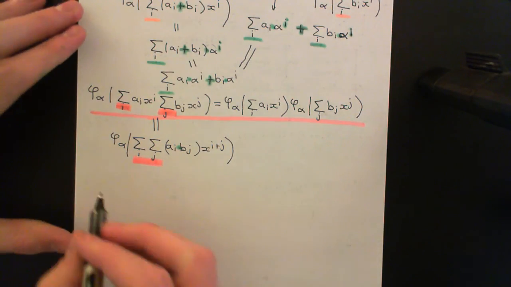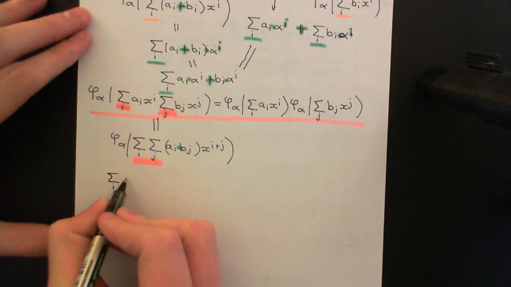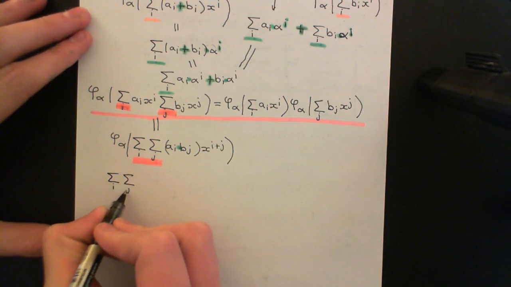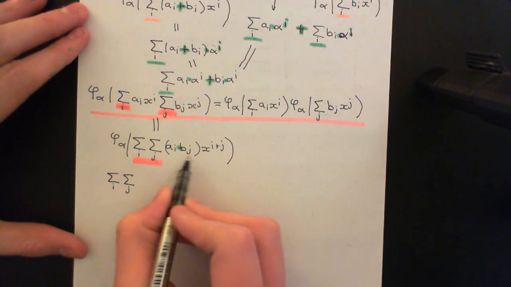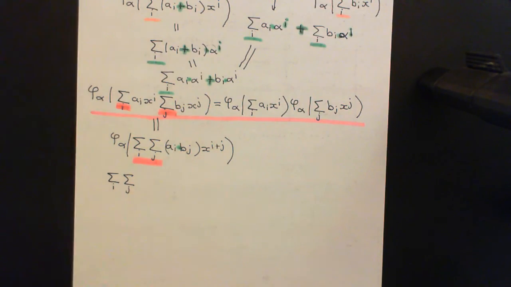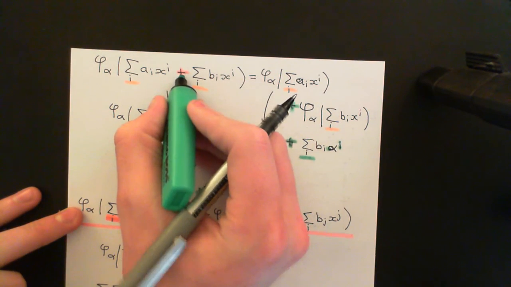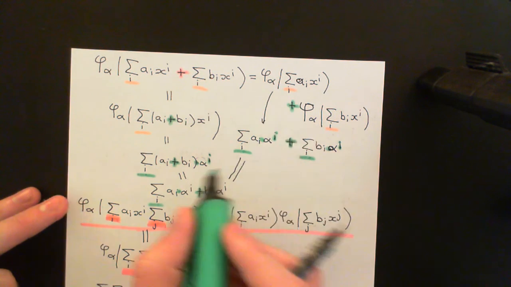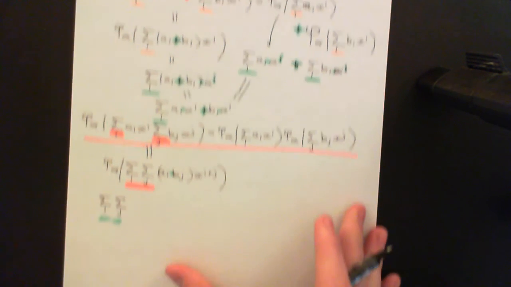Okay, so what we can now say is that this will equal the sum over i, the sum over j of phi sub alpha of these separate polynomials, where this now is addition in the final ring, because look, I've turned addition in the polynomial ring into addition in the final ring. I've just done it for an arbitrary length of things rather than just two things.